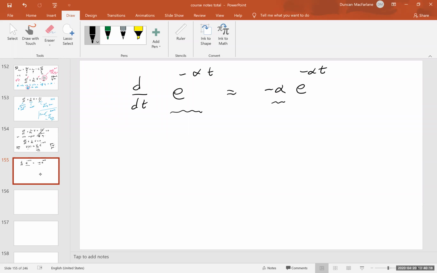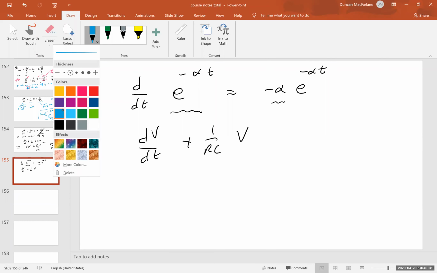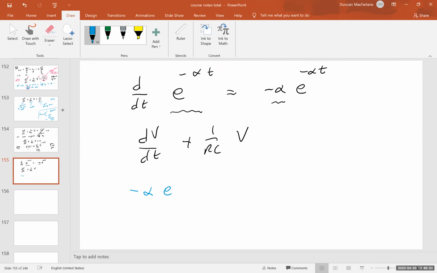in here. So if my equation is dV/dt plus 1 over RC times V, then I have a minus alpha e to the minus alpha t plus 1 over RC times e to the minus alpha t.